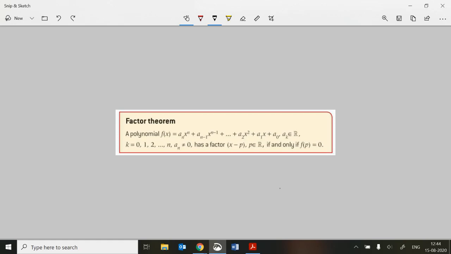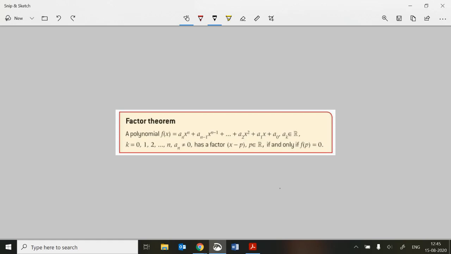And it says the first one cannot be equal to 0. The others could be equal to 0. But there you go. It says that this has a factor of x minus p, p belongs to the real numbers, if and only if f of p is equal to 0.